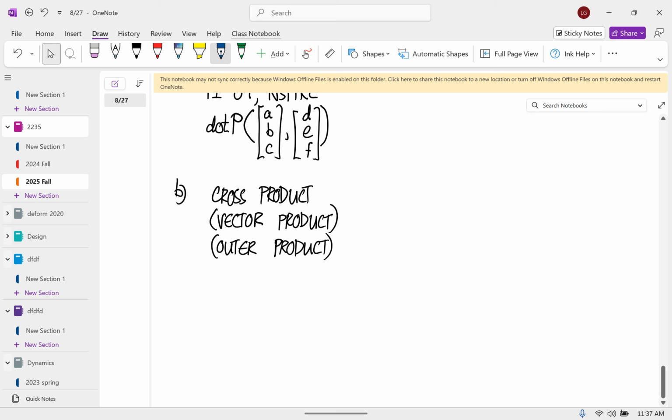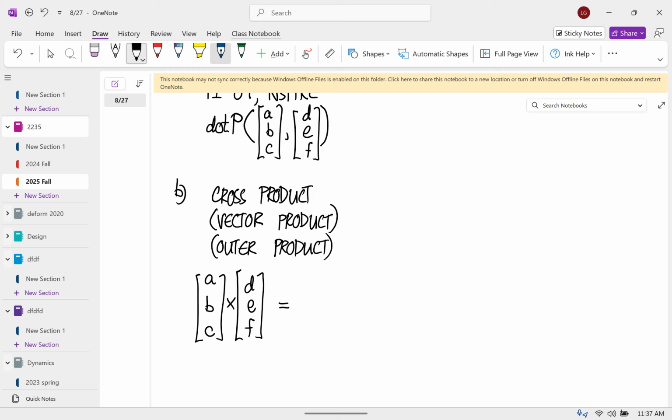And the way it works is this: if you have A, B, C crossed with D, E, F, you're going to get 3 component values from this. For each component value, to get the X component, you're going to cross out the X components.